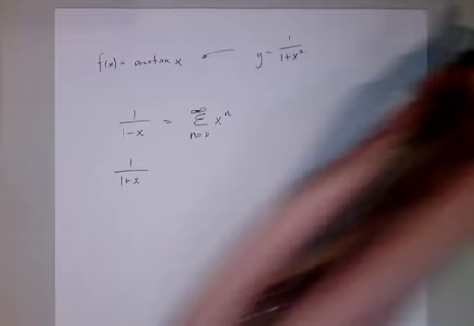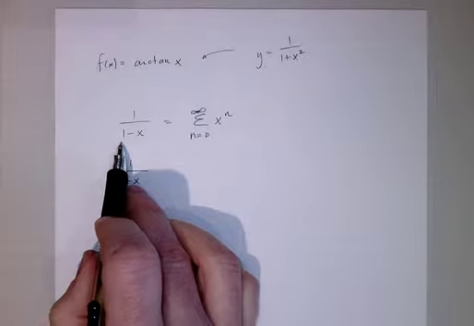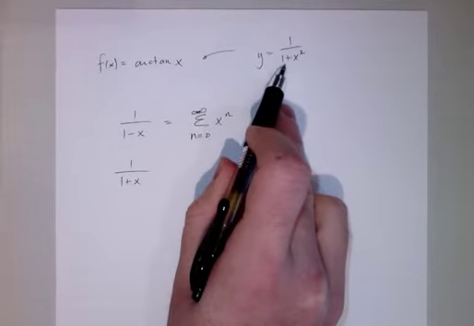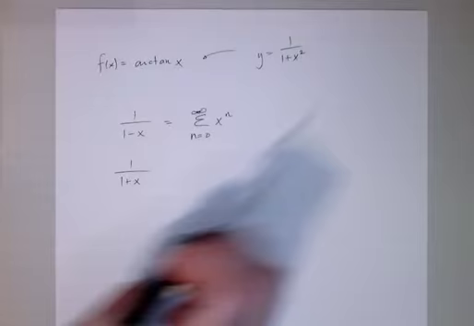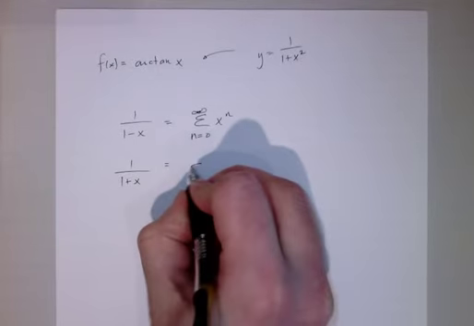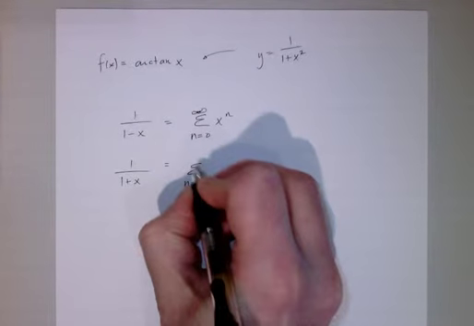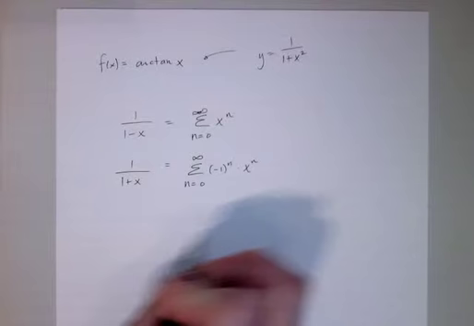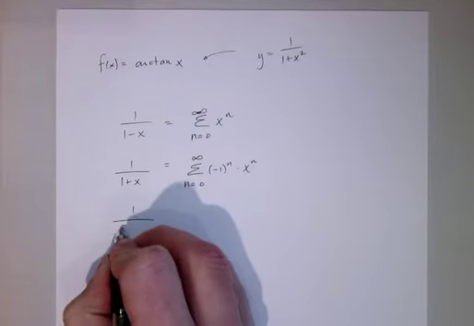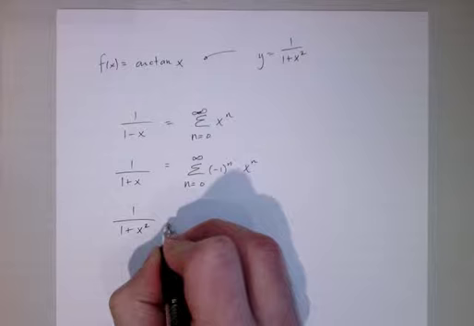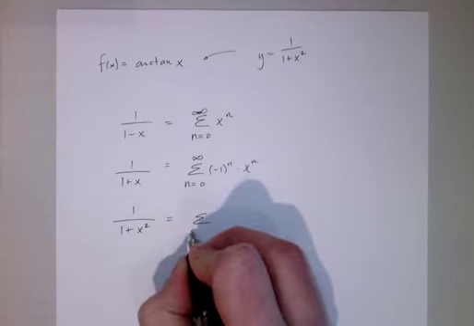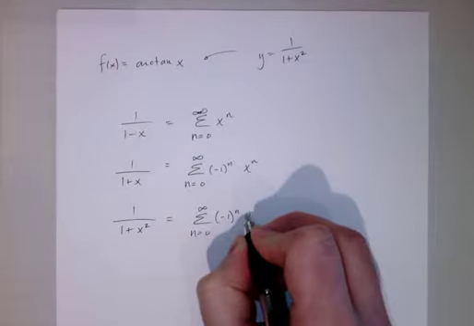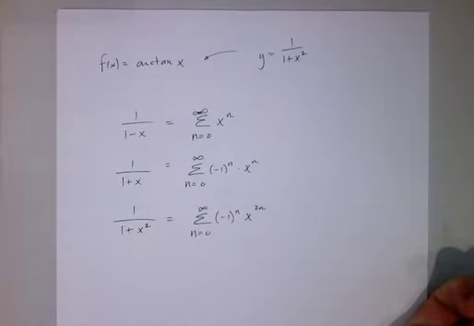So what I need to do is transform this original power series into that in order to integrate. So let's do one that we already know, and we know that it's negative 1 to the n times x to the n. And then if I want to transform it into x squared, that winds up being the sum, n equals 0 to infinity, of negative 1 to the n times x to the 2n.